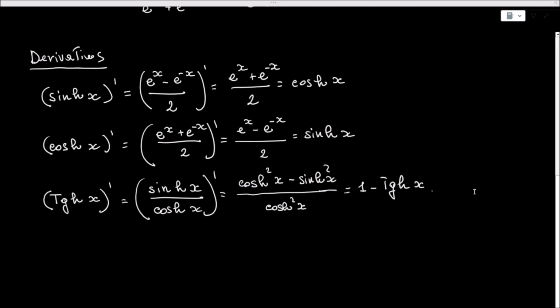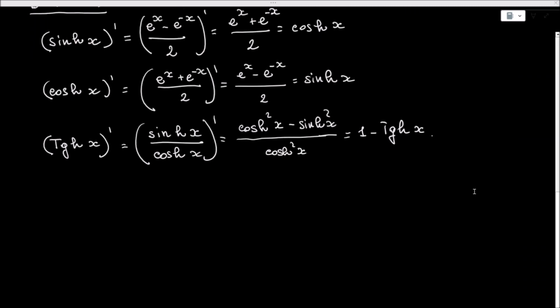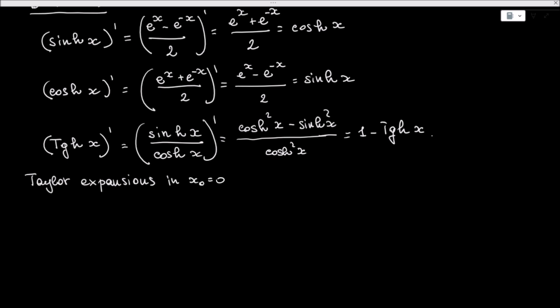Now that we know the derivatives, we can attempt the Taylor expansions in x not equal 0. Let's start with the hyperbolic cosine of x, which we know is 1/2 e to the x plus e to the minus x.